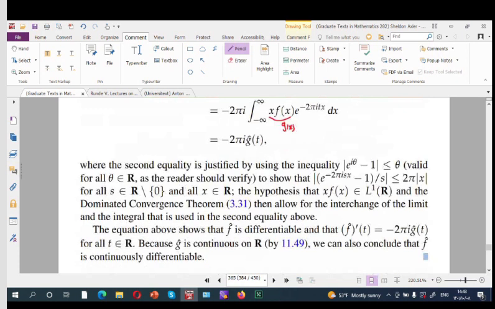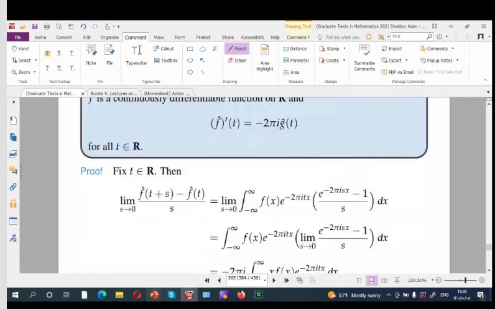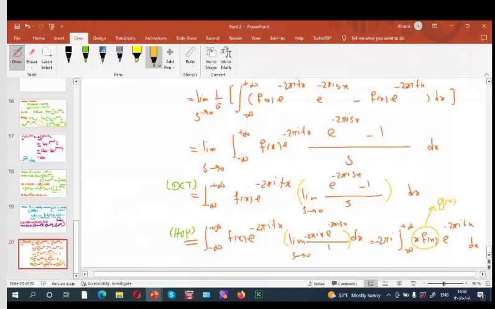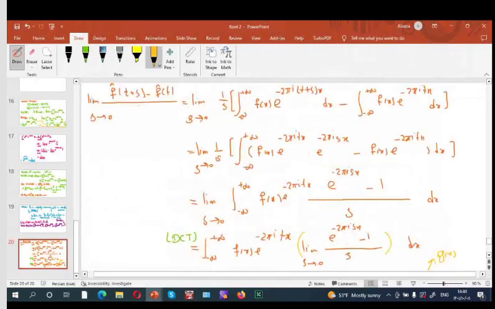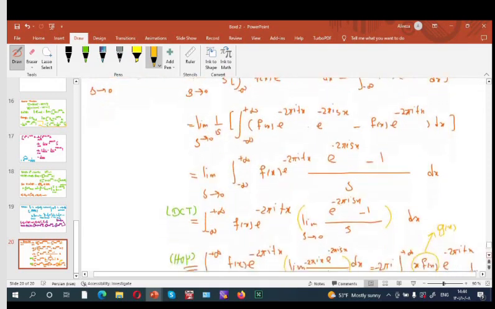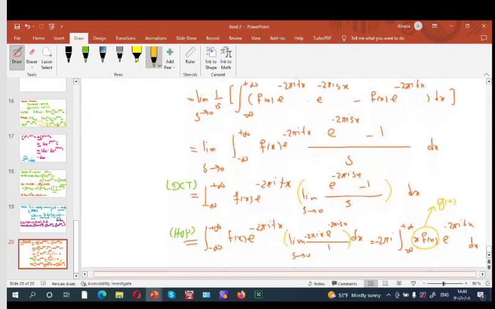The derivative of f hat with respect to t.